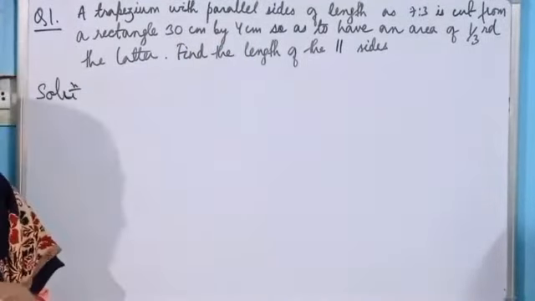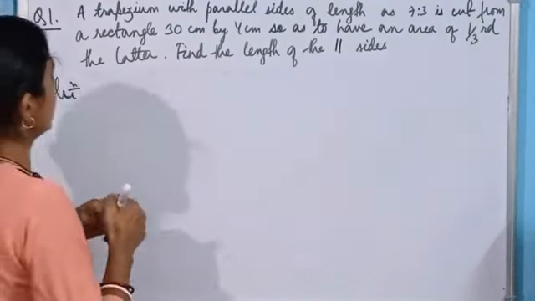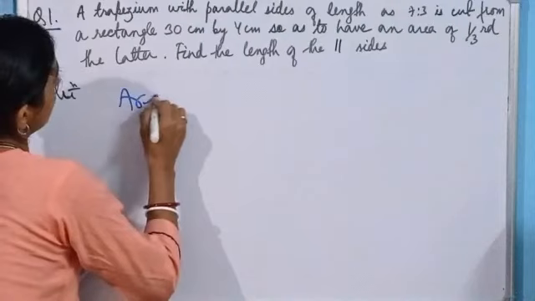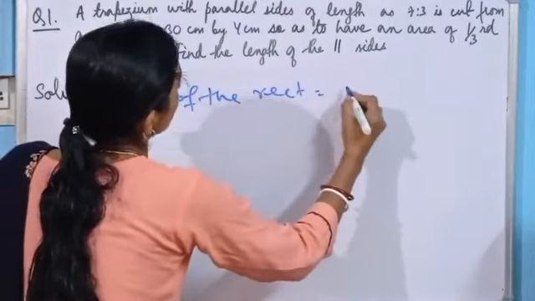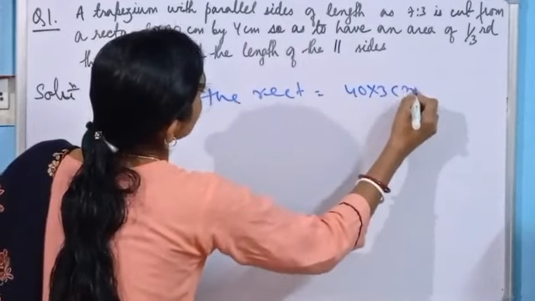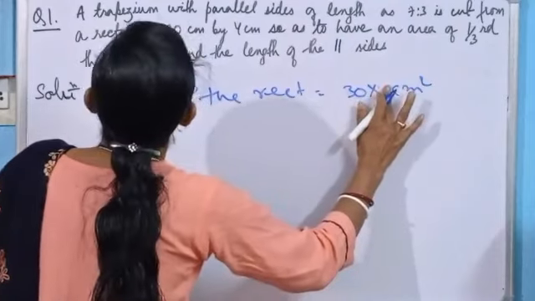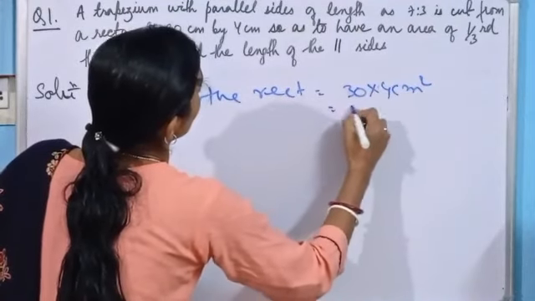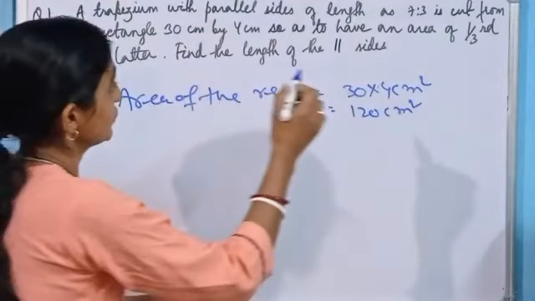So what is the area you will get? 30 into 4, that is equal to 120 centimeter square. Now come to the second part of this question.